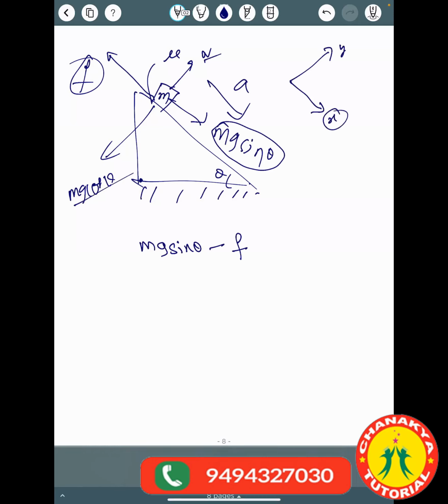Only in the x direction I am writing sum of forces equal to m into a. So mg sin theta minus f, what is f? Mu into n, equal to ma.